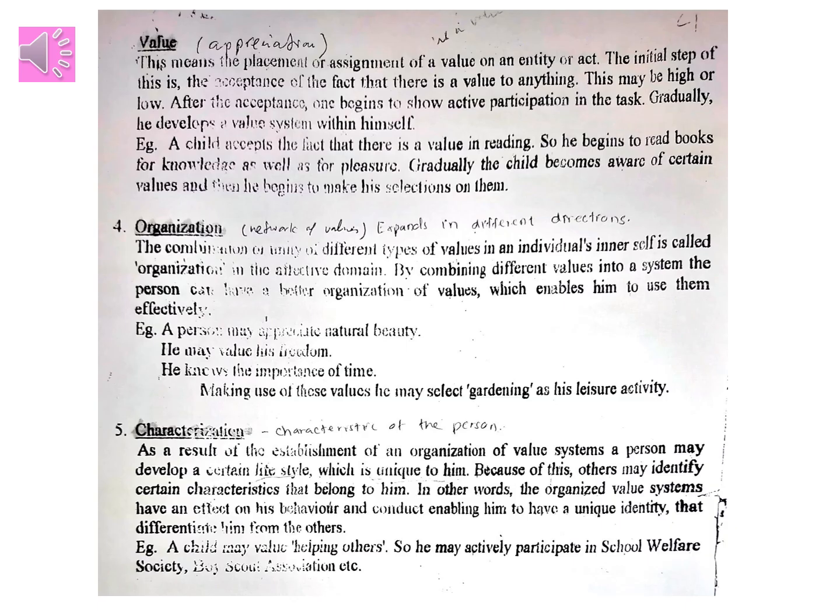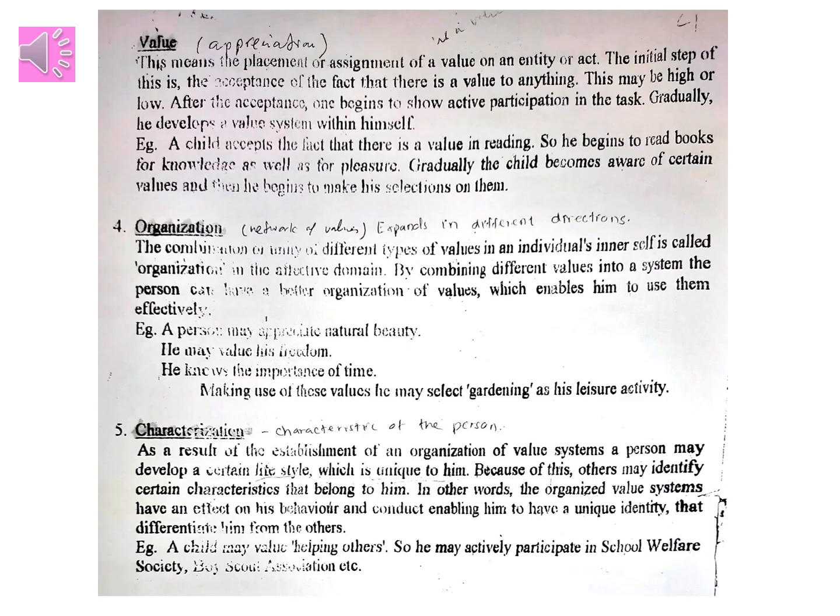Characterization. As a result of the establishment of an organization of value systems, a person may develop a certain lifestyle which is unique to him. Right? Now it becomes a characteristic of that person which is unique to him.